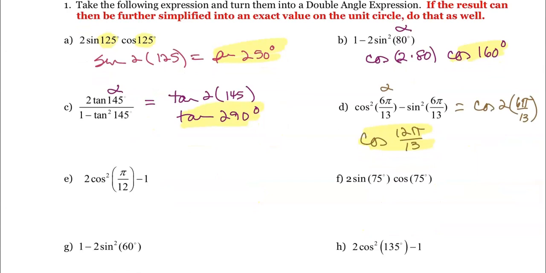Looking at E, this is the alpha. This is also cosine of 2 times that alpha. The 2 can cancel into the 12, making that a 6. This is cosine pi over 6, which is a unit circle angle.